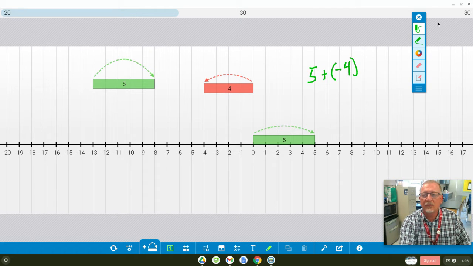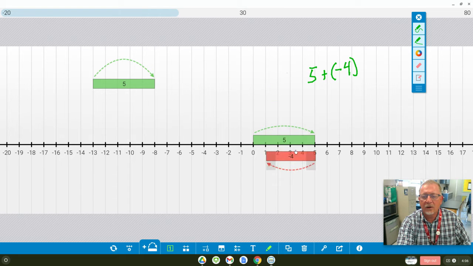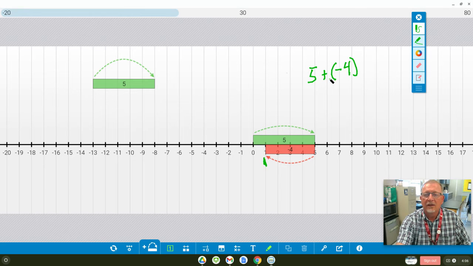So here's my negative 4. We went to 5, so we're here. Now we're going to go negative 4. We got the 5, and now we're going to add negative 4, and that takes us back 4 steps. So we end up right here at 1. So 5 plus negative 4 is 1.